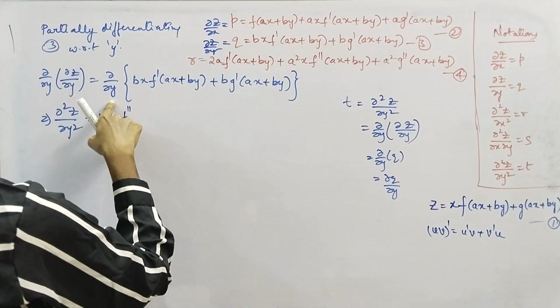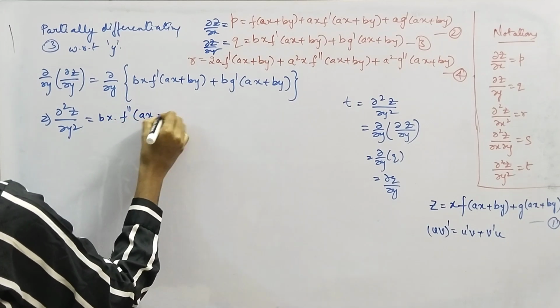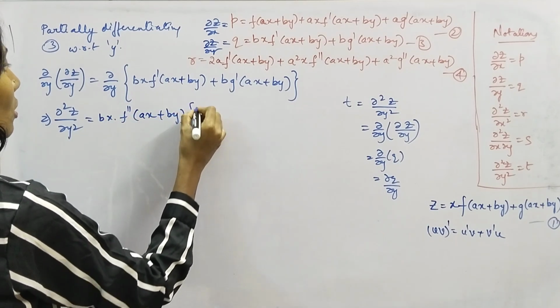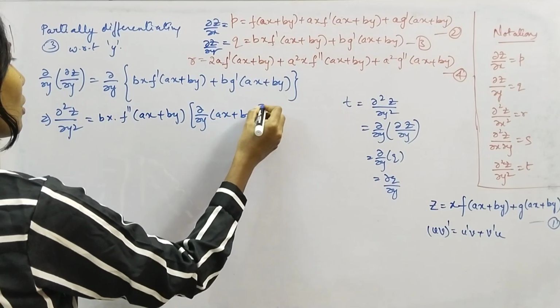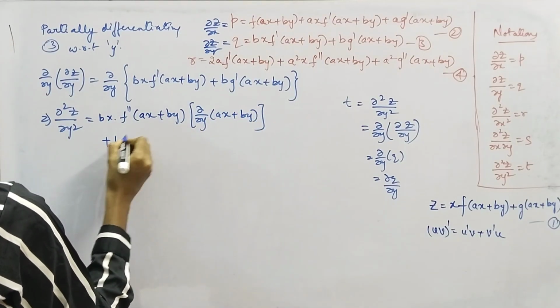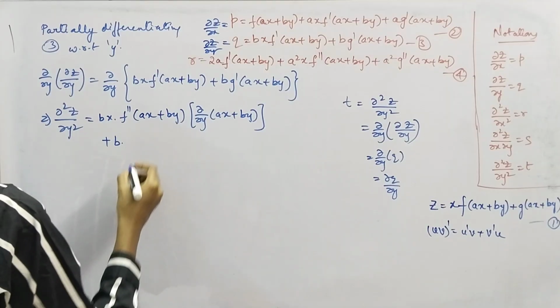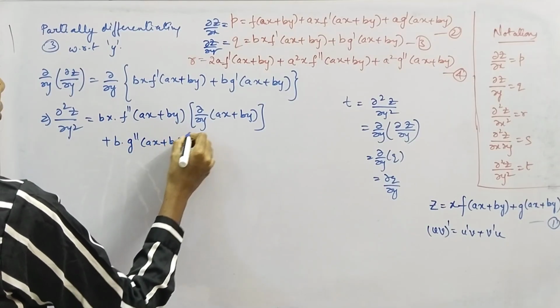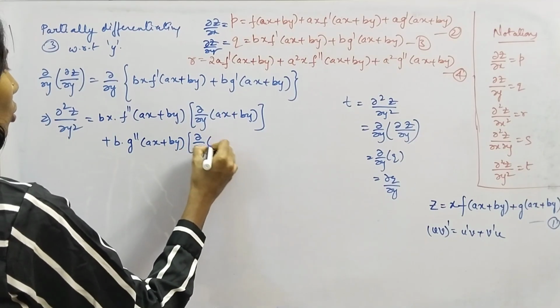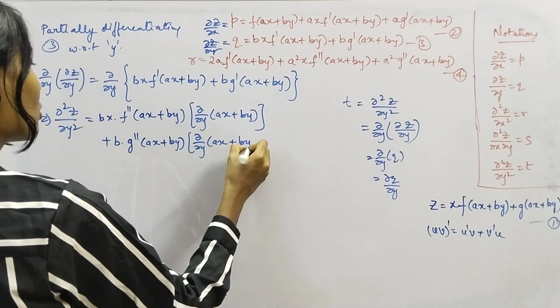Partial derivative of f dash with respect to y is f double dash of ax plus by into its inner derivative, that is dou by dou y of ax plus by, plus b into partial derivative of g dash of ax plus by, which is g double dash of ax plus by into its inner derivative, that is dou by dou y of ax plus by, right?